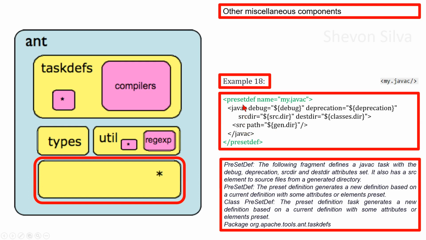Presetdef generates a new definition based on a current definition with some attributes or elements preset. With regard to API, we can consider class presetdef. This is in the package org.apache.tools.ant.taskdefs. This can be used as a normal javac task, for example, here.